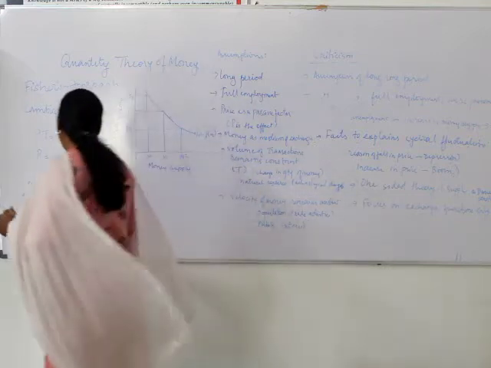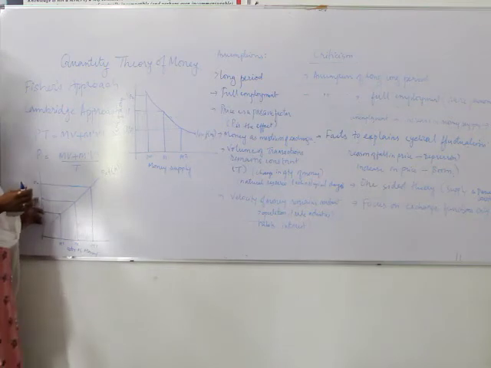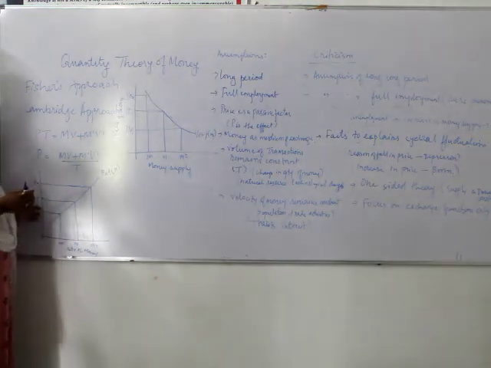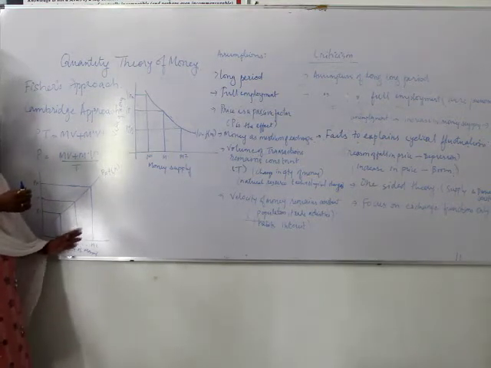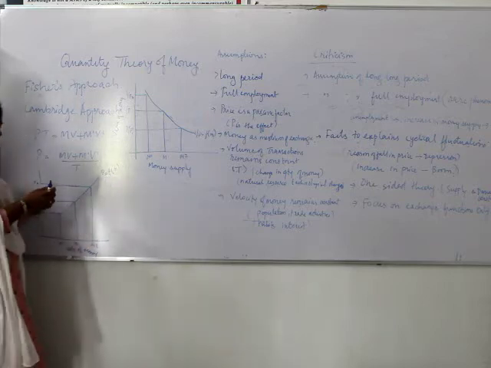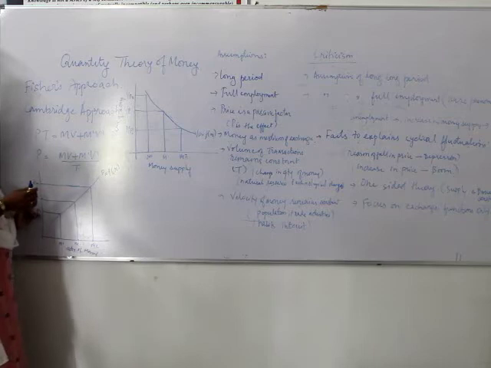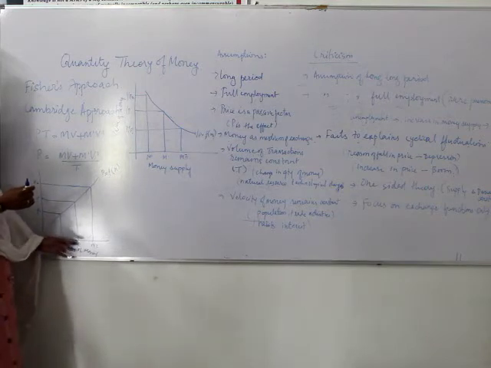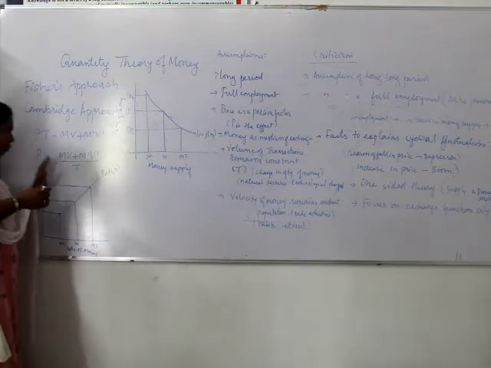As I explained earlier, in the figure you can see that when the money supply is M, the price level is P. But as the money supply increases from M to M2, the price level is also increasing. And vice versa: when the money supply is decreased from M to M1, the price level is also declining.